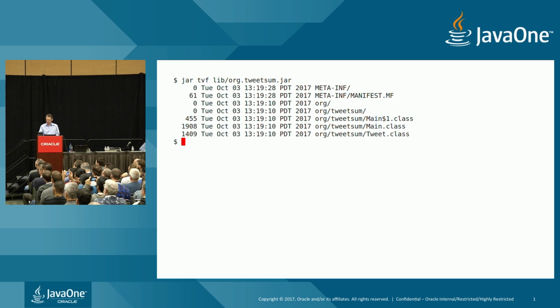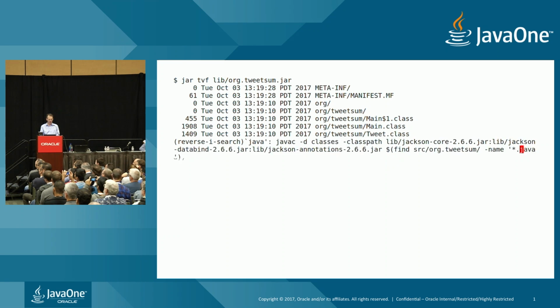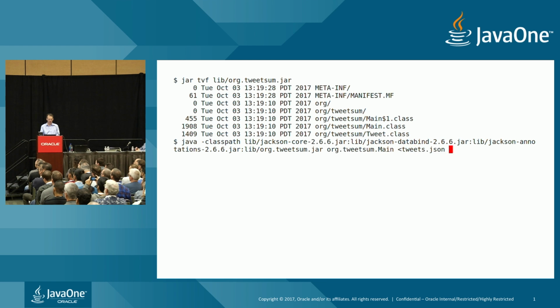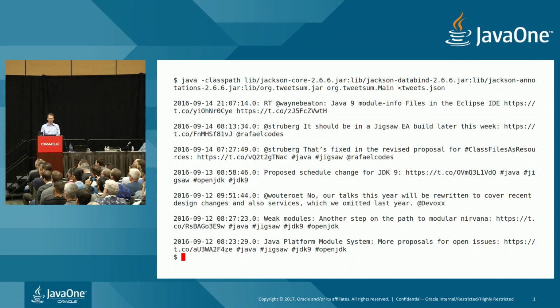Okay, and just to show that everything works, we can run it with that long, awful class path. Add my tweetsum jar, and what do we get? There we go. Tweets in a more readable format. Okay, woohoo.